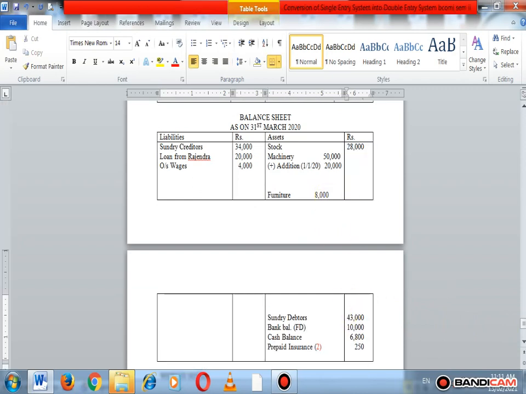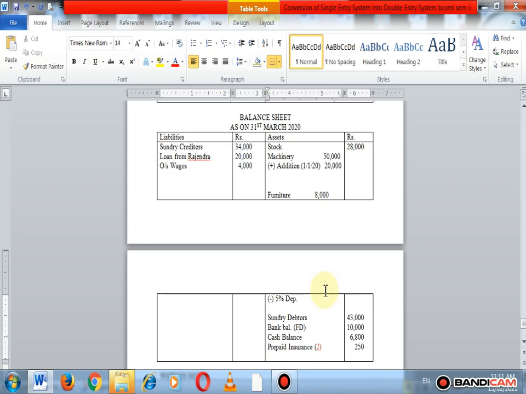So depreciation is deducted from the respective assets. So less 5% depreciation. So 5% means 400 rupees is depreciation.